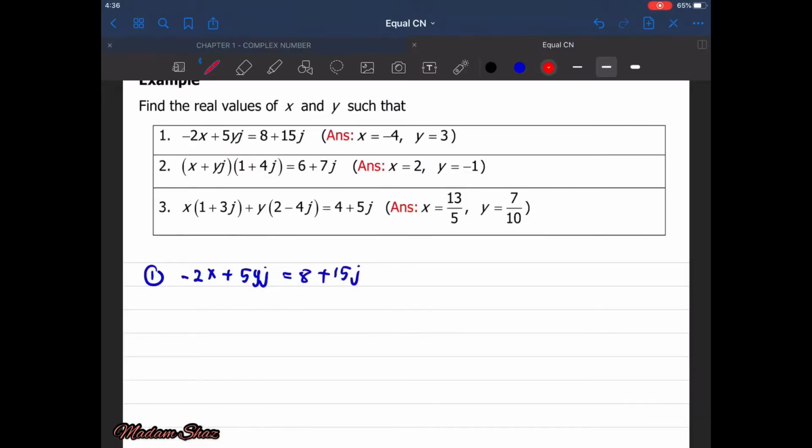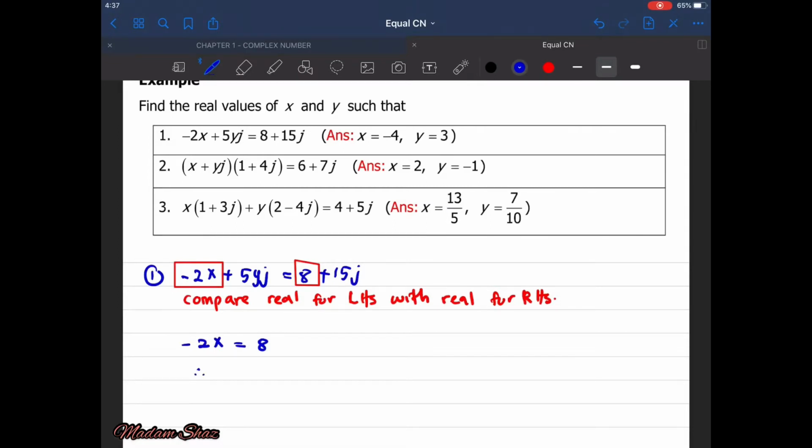The first step, you have to compare the real part for the left hand side with the real part for the right hand side, which is negative 2x is equal to 8.